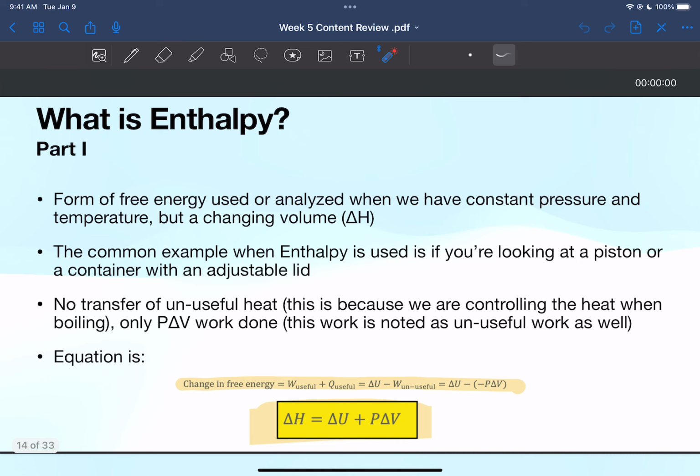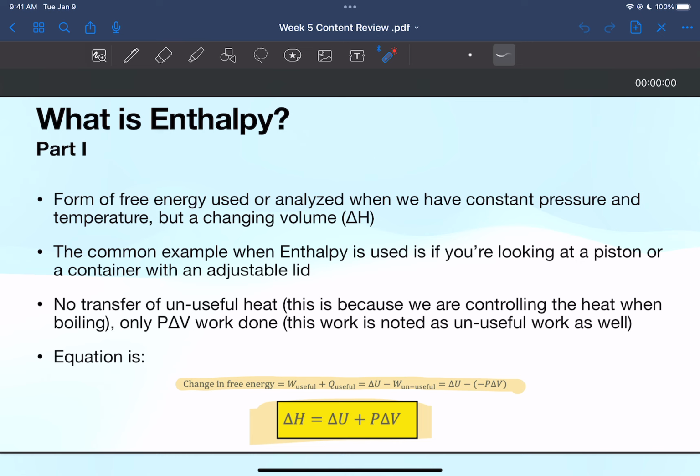Now, with regards to enthalpy as a form of free energy, there's no transfer of unuseful heat here, because whenever we're looking at enthalpy, we're looking at scenarios in which we're actually controlling the heat, right?